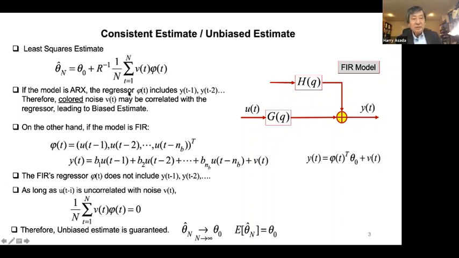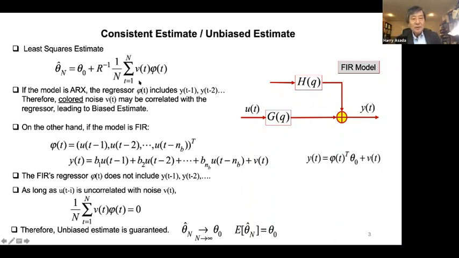However, the situation is different. Even though this V t is colored, it is not just instantaneous e t, but once it goes through H q, it may include some fragment of e t minus 1, e t minus 2, right? Which may be correlated with y t.